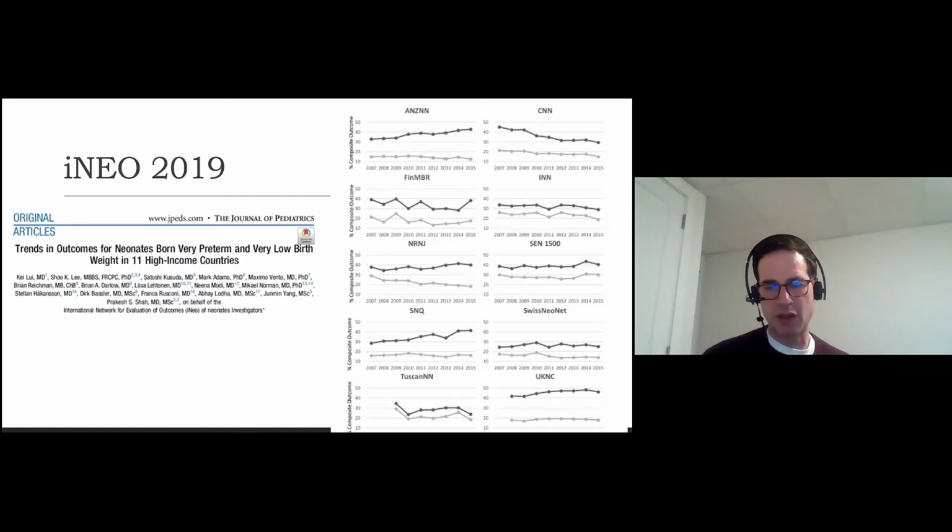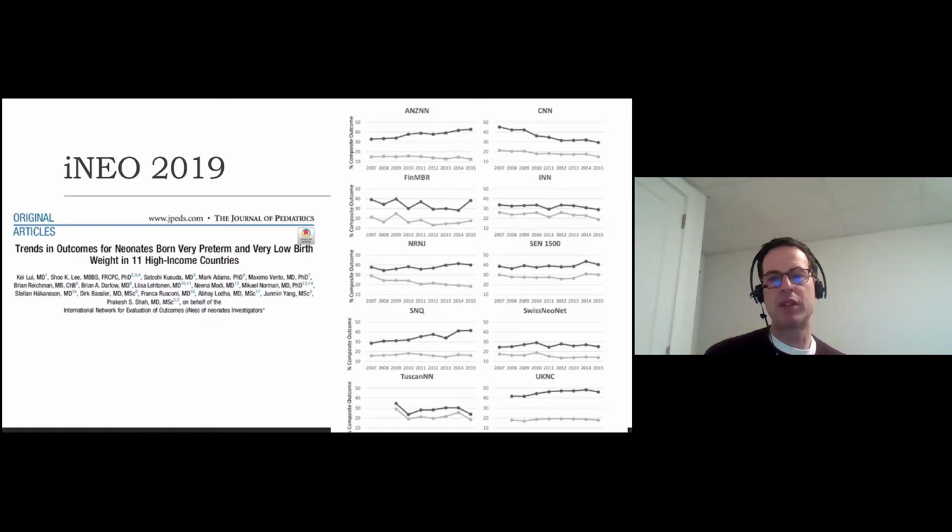The composite outcome with BPD is the top line. The composite outcome of these 4 or 5 outcomes, like ROP and late onset sepsis, is the light gray line, without BPD.